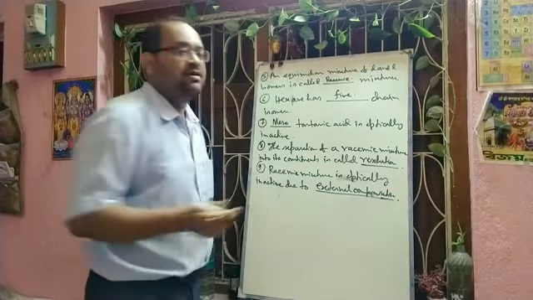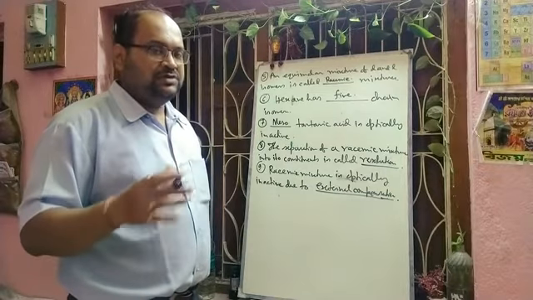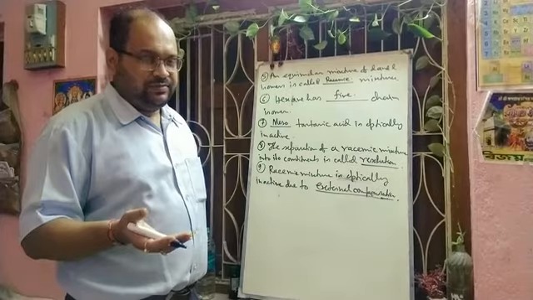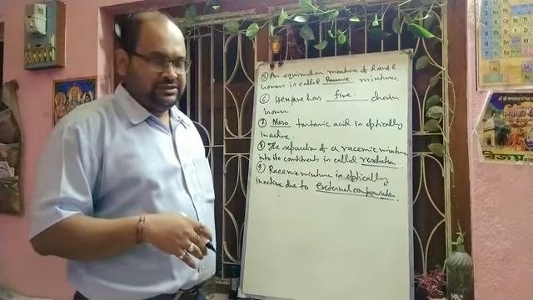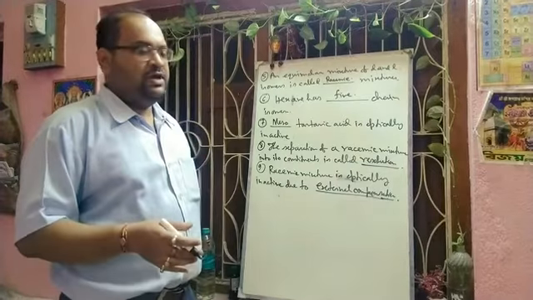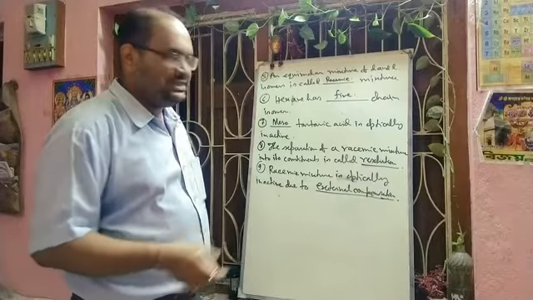Actually, this is a mixture of plus isomer 50% and minus isomer 50%. So plus will rotate the plane polarized light clockwise and minus will rotate it anticlockwise by the same amount, so these two will cancel each other. This is called external compensation.